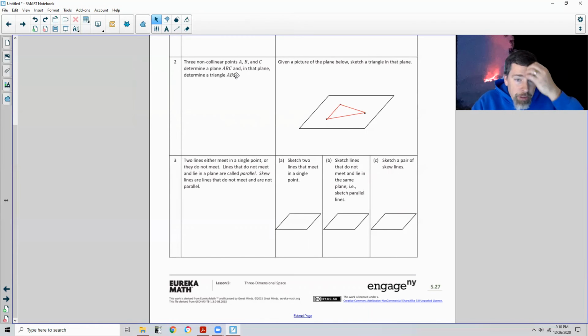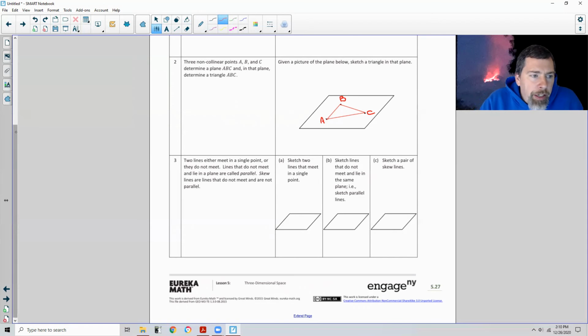In that plane, it will determine a triangle A, B, C. So I'll name that A, B, and C. Given a picture of the plane below, sketch a triangle in that plane. So there it is.